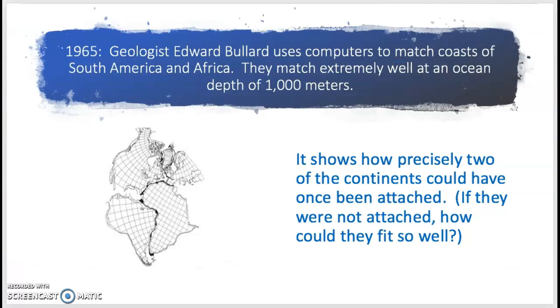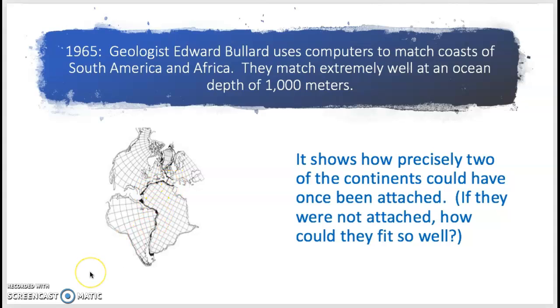And then in 1965, in the 60s, computer software and capabilities really took off. There was a geologist, his name was Edward Bullard, and he used computers to match the coasts of South America and Africa. And he found, do you see these dark layers? Those are actually underneath the ocean.